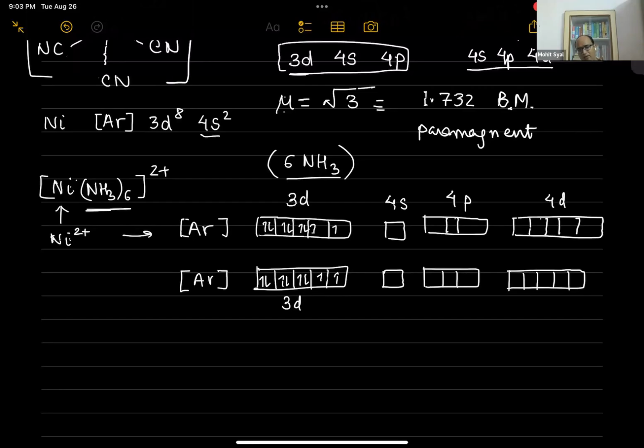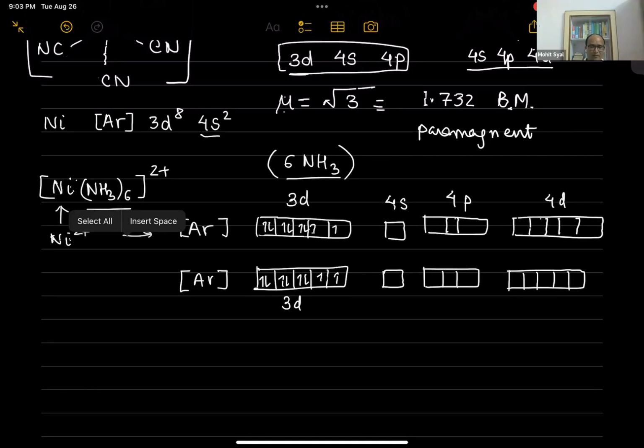Because in coordination number 6, we need either 6 inner or 6 outer d orbitals. There were 8 electrons, and we were getting just one empty d orbital from the inner. That is of no use to us. Let the electrons remain unpaired.